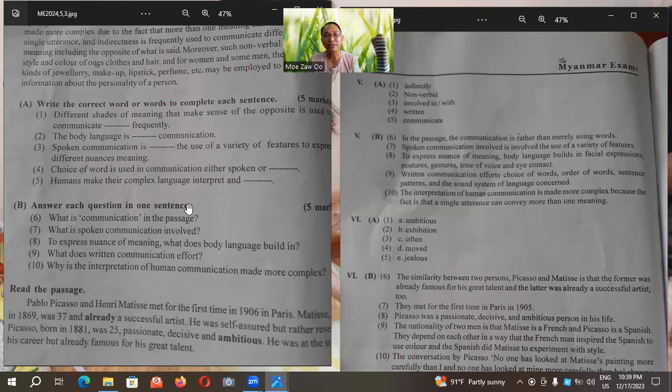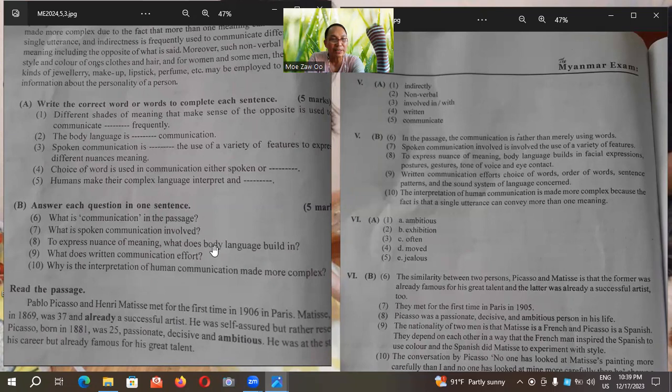The interpretation of human communication is made more complex because a single utterance can convey more than one meaning.